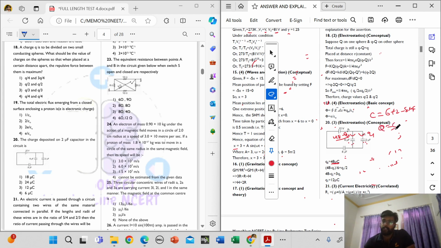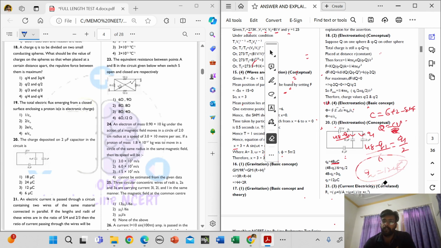Q is equal to CV, so V is equal to Q by C. From this relation, (48 minus Q1) upon 6 microfarad will be equal to this voltage difference, which is Q1 upon 2 microfarad. So from here we can calculate the value of Q1, the charge on this capacitor, that will come out 20 microfarad.